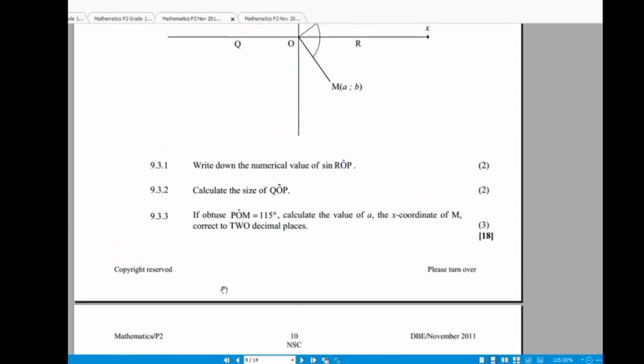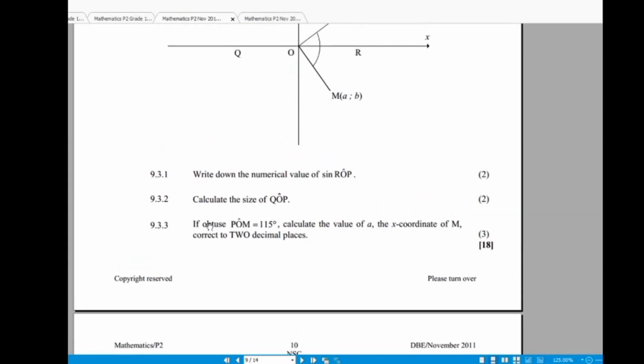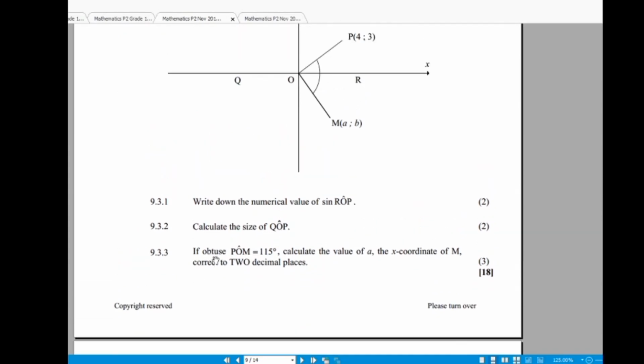And then question 9.3.3, they want us to calculate the value of A if POM is an obtuse angle and POM is equal to 115 degrees.